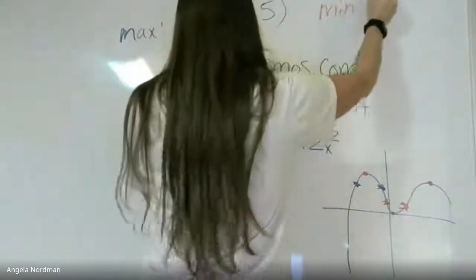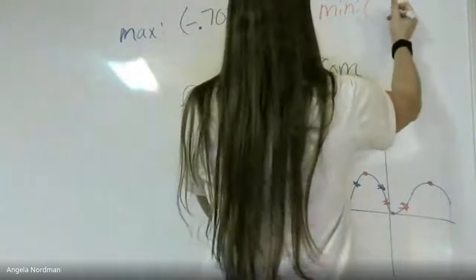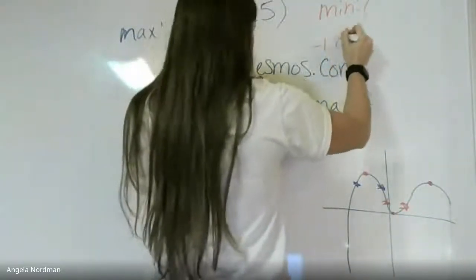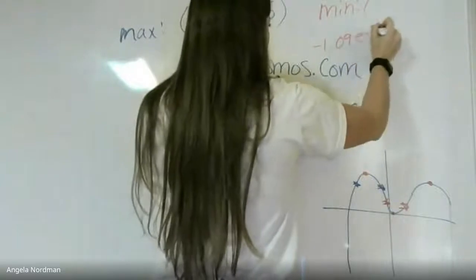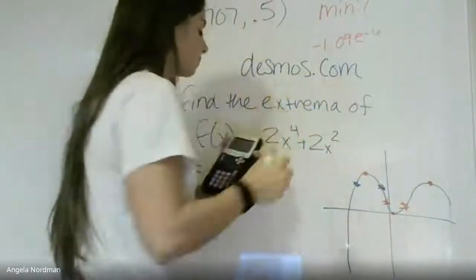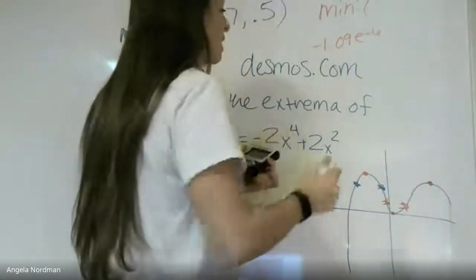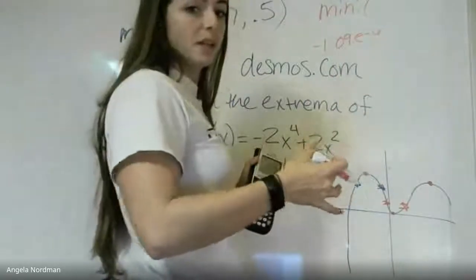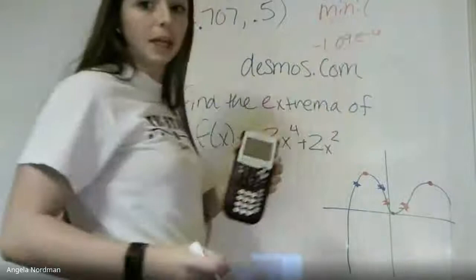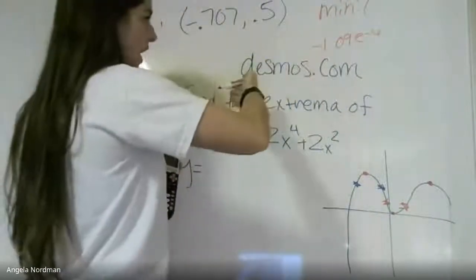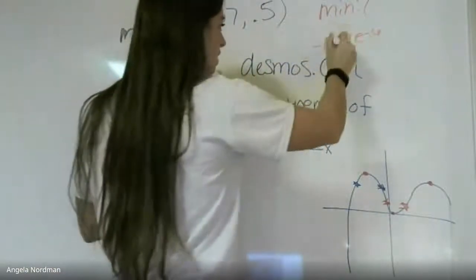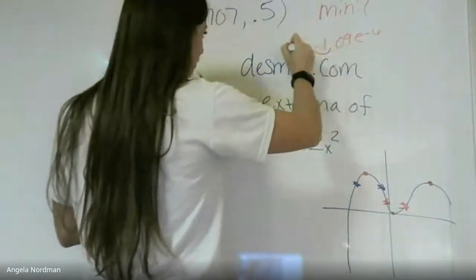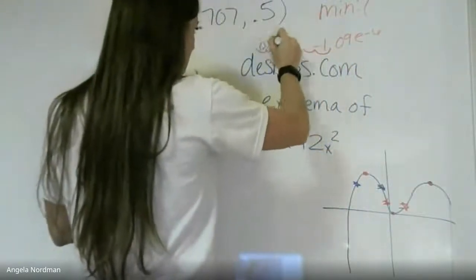So this is my minimum. And here's another thing for you. I'm getting negative 1.09 e to the negative 6. What this means is, if it's a negative, I move my decimal place left 6 times. If it's positive, I move it right. So this decimal should be moved 1, 2, 3, 4, 5, 6.